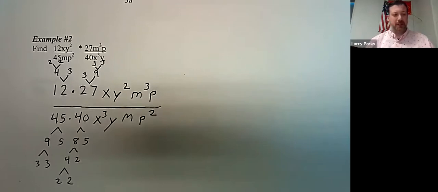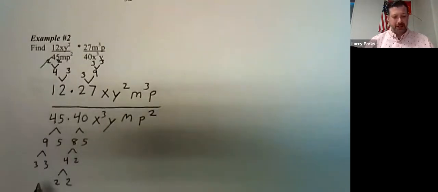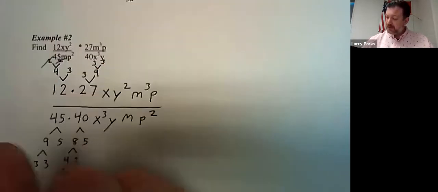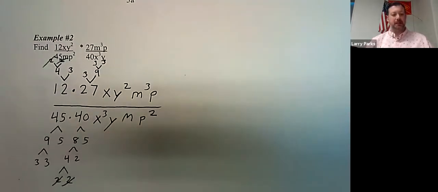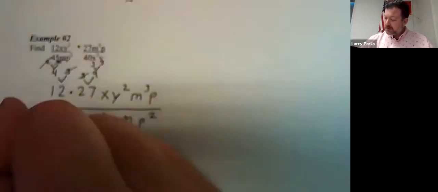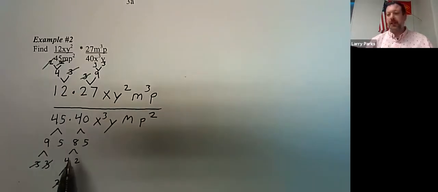So for example, I see a 2 up here, and you cancel that out with the 2 down here. I see another 2. I see a 3. Let's see, I don't see any other. Oh, there's another 3. Remember, I don't look at 4 because it was broken up. And then I have 3 and 3. And I have 2 and 5. And I don't see any other 5s up there.